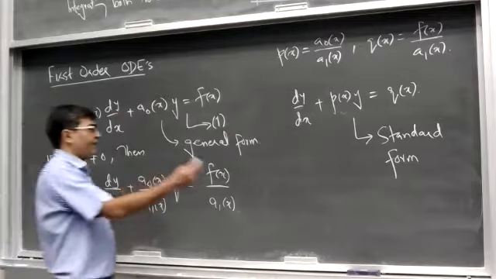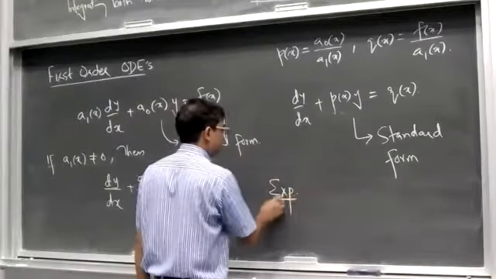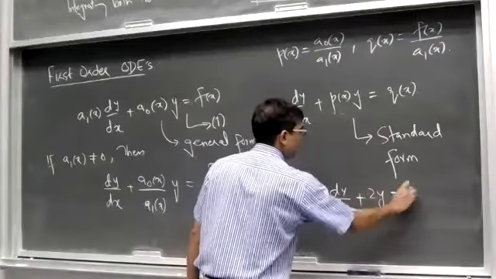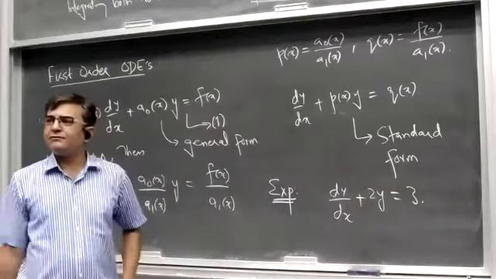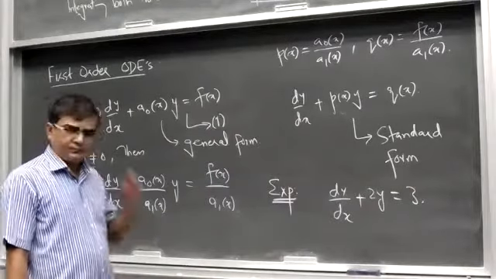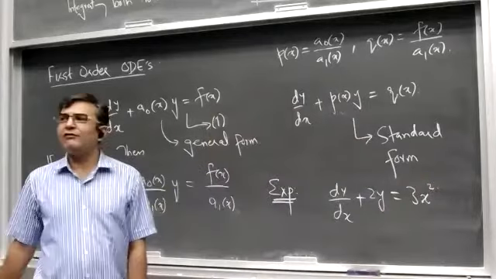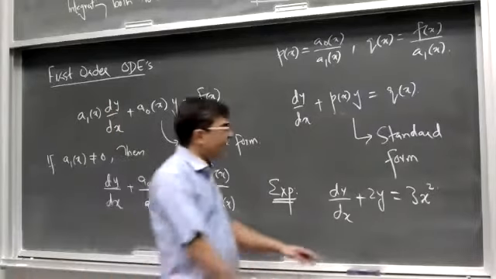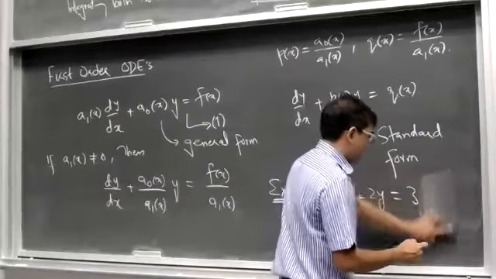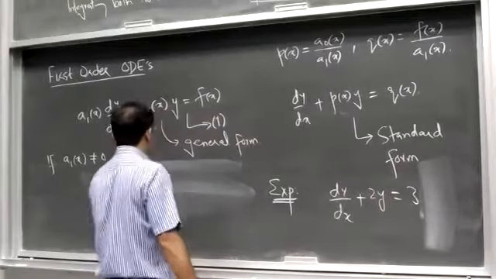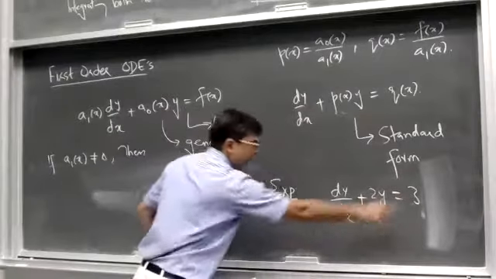For example, if I write dy by dx plus 2y is equal to 3, can we separate it? Yes, sir. If we have a constant here, then we can take this term on the right-hand side.